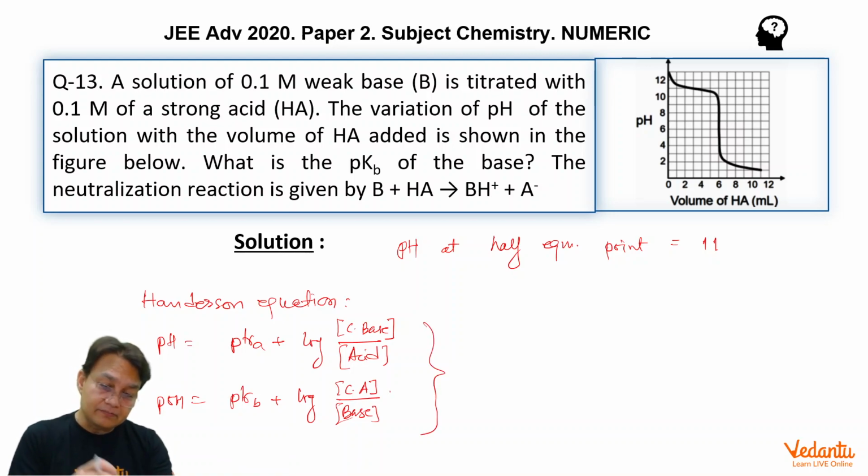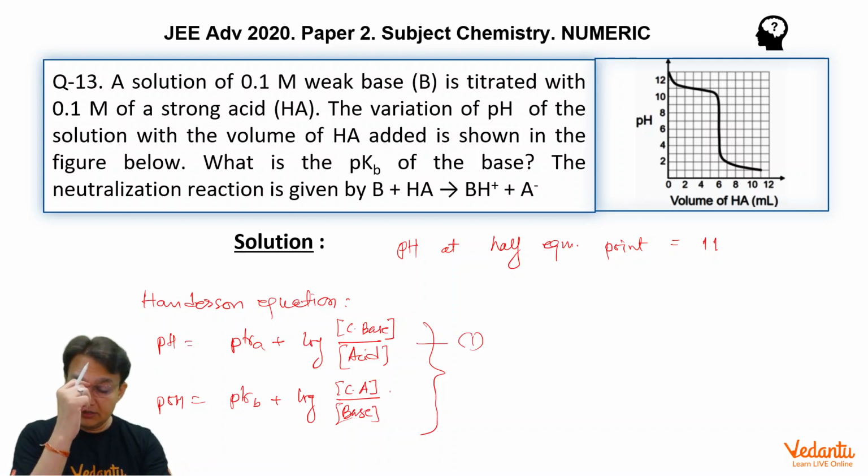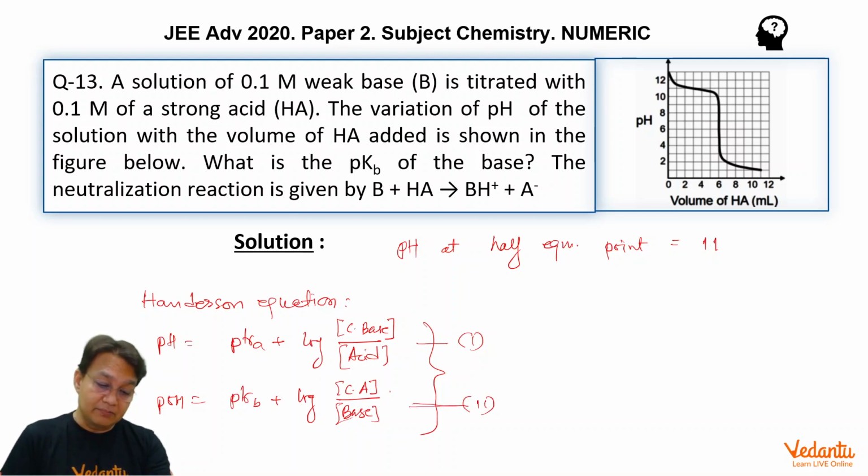Since the graph is pH versus volume of HA, it makes sense that we can use the first equation. But if we are accustomed to solving problems for basic buffers, or the titration of a base, then you should take the second equation. So let me solve it by both methods, and the choice is yours.